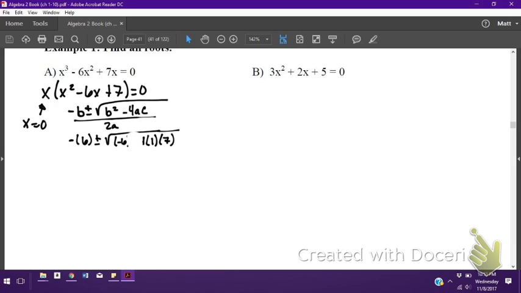Not sure why I put a plus or minus there, so we'll go ahead and erase that. That should say minus there, so my fault there, guys. All over 2a, or in this case 2 times 1.